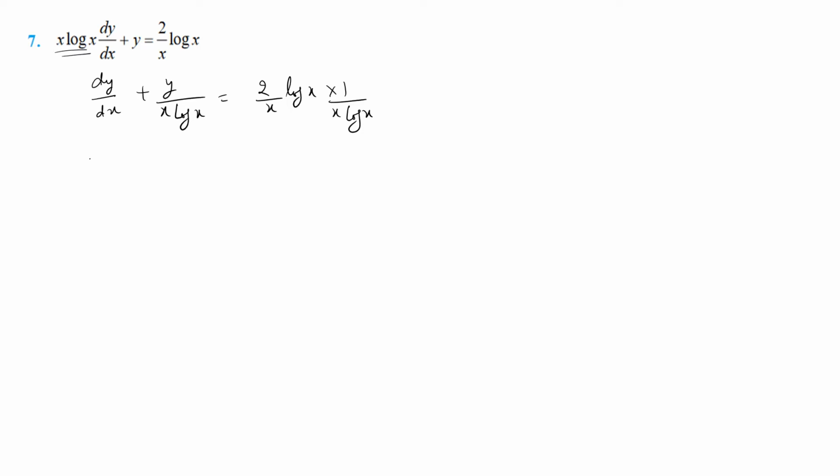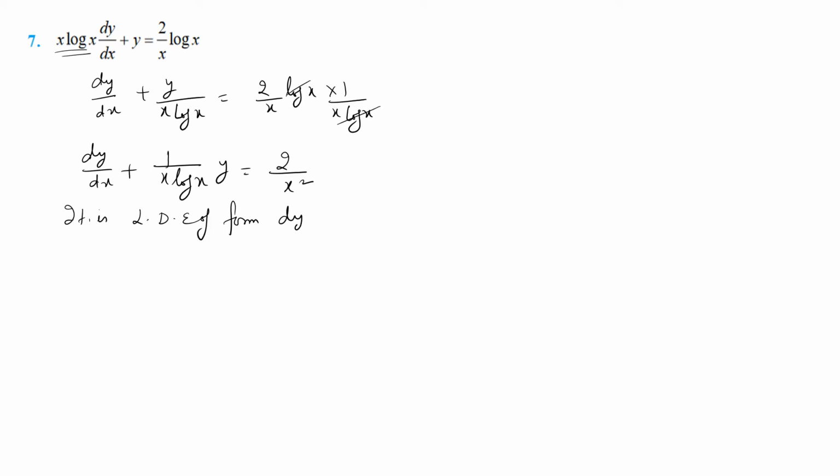So this becomes dy by dx plus y times 1 upon x log x is equal to 2 upon x square. Clearly you can compare it with the linear differential equation of form dy by dx plus Py is equal to Q. So P here is 1 upon x log x and Q here is 2 upon x square.